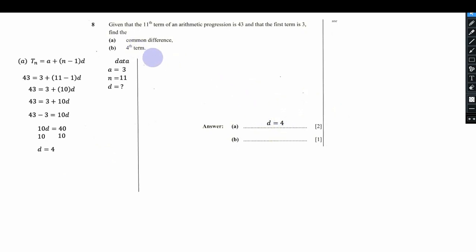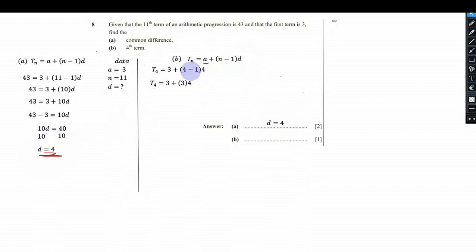Find the fourth term. Now, since we found the common difference, it is easier to find any term now. Okay, so the fourth term, we are still using the formula for the nth term, so let us write it down. So we have this formula, t4 is equal to, the first term we are given is a 3, and then n, we are finding the fourth term, so n is 4, we are putting a 4 minus 1, the common difference, this is just what we found here, the common difference is 4.